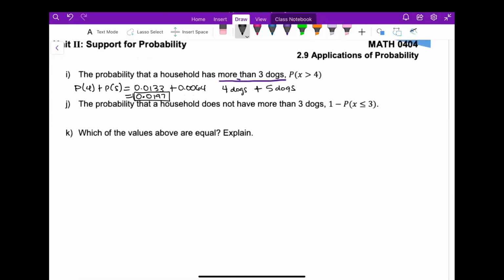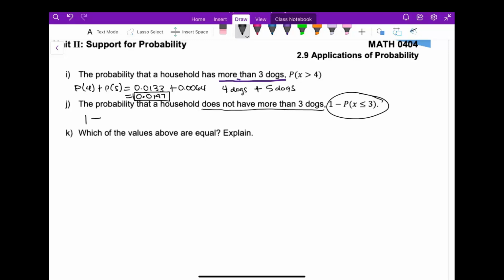The probability that a household does not have more than 3 dogs. This one is beautiful. And so you see this mathematical statement looks so different than the sentence and so different than all of the other examples that we've tried. So I really enjoy this example. More than 3 dogs away from the overall probability, which is always 1.